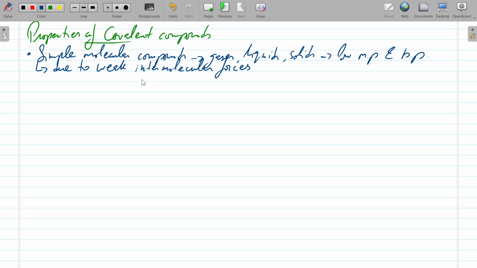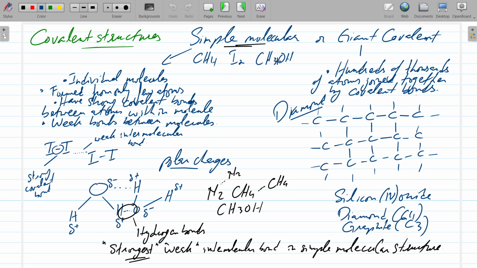If you talk about giant covalent structures, they have a giant structure where thousands of atoms are bonded by covalent bonds. So we're not even talking about intermolecular bonds.